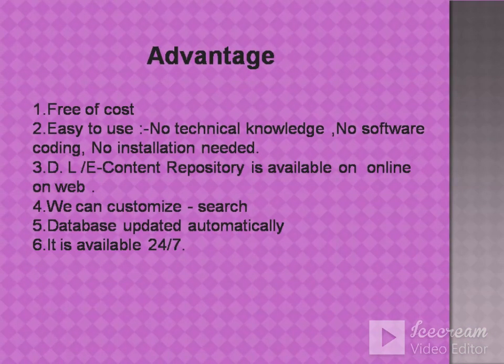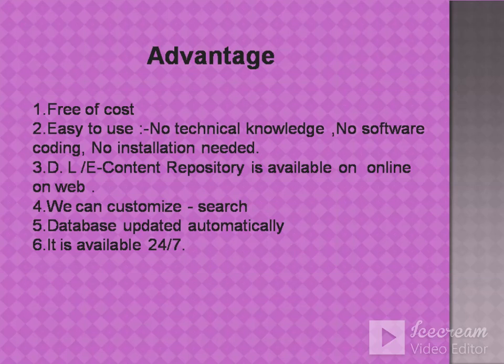Friends, now we'll see the advantages of the e-content repository or digital library which we are going to create. First, it is free of cost. Second, easy to use. No technical knowledge, software coding or software installation is needed.